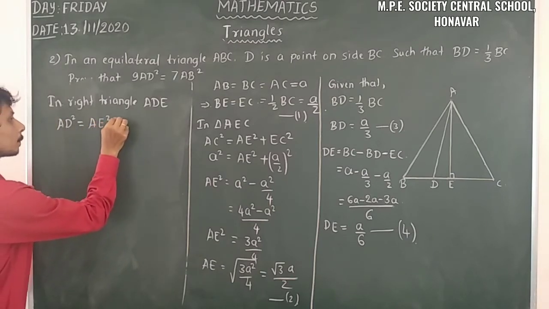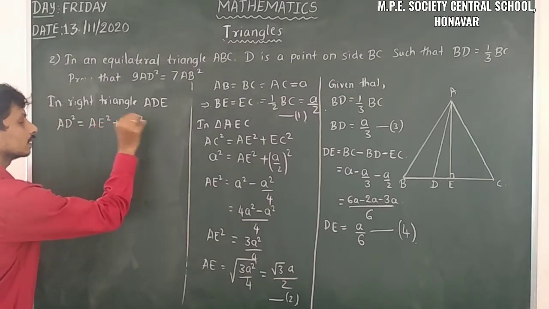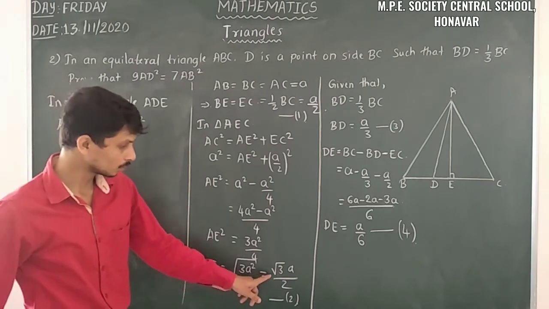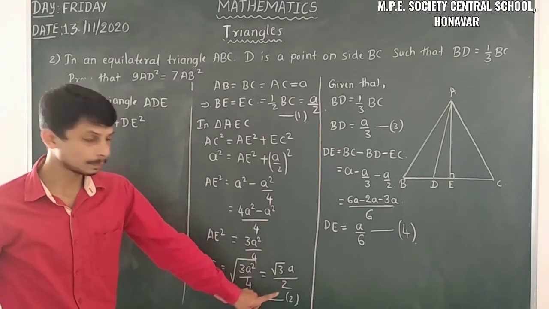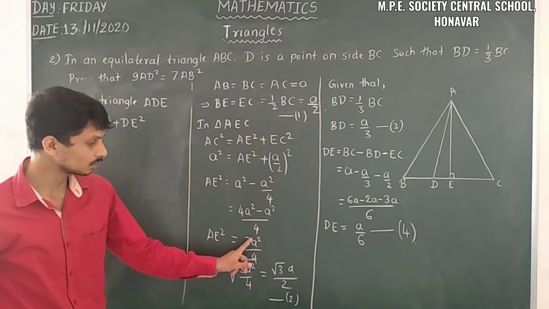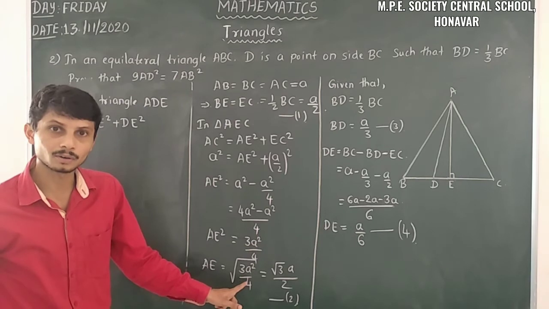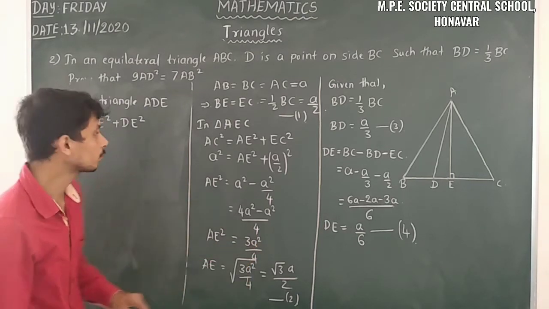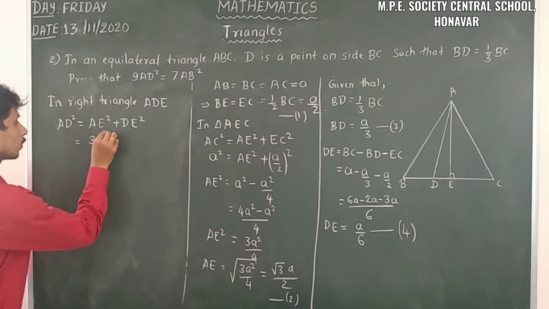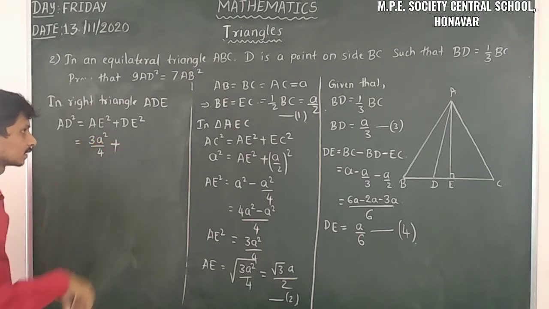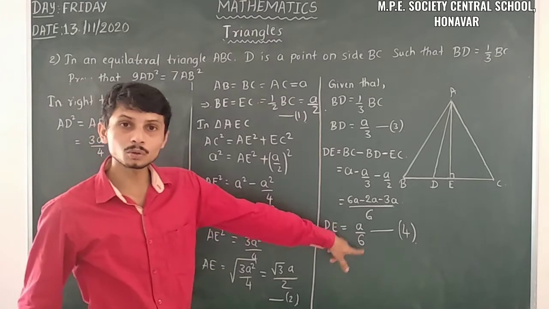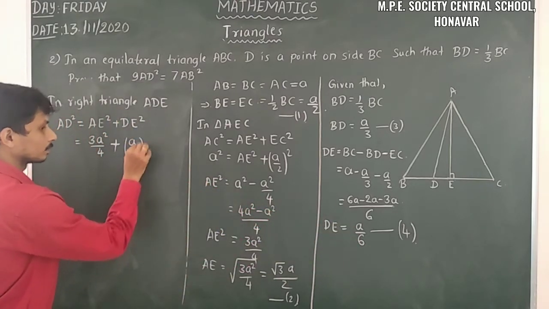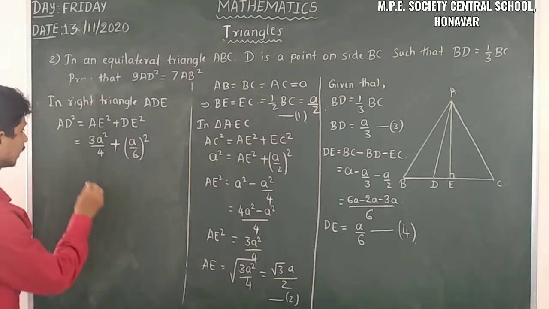So what is AE square? AE is equal to root 3a by 2, so AE square is equal to 3a square by 4. Substitute AE square is equal to 3a square by 4 directly, plus DE, which is a by 6, that is a by 6 whole square. Let us take that one.